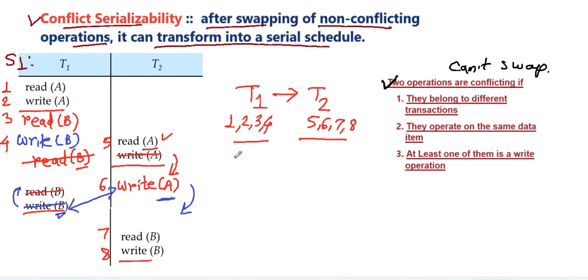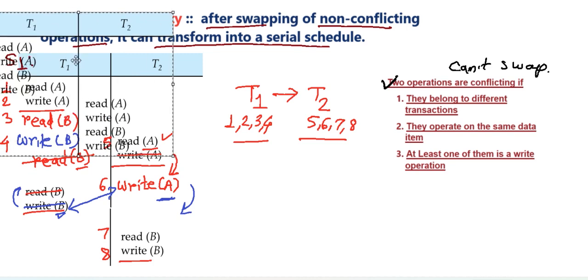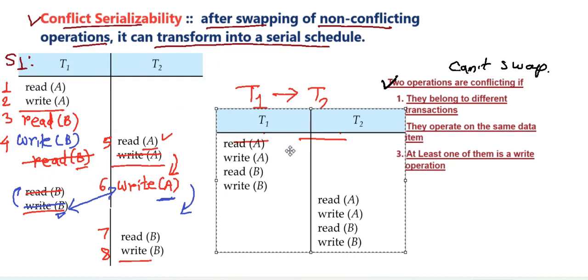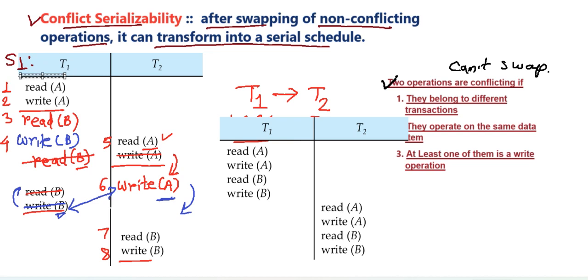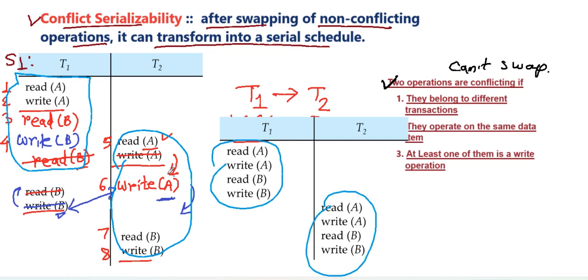We have converted the schedule which was concurrent into serial: these four instructions are of T1 and these four are of T2. We were able to convert a concurrent schedule into a serial schedule by swapping non-conflicting instructions. That's why it is called conflict serializability.